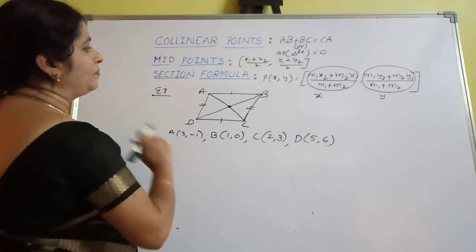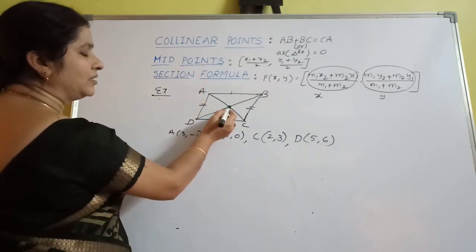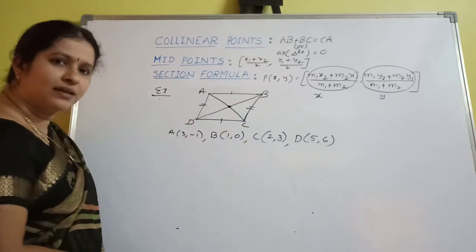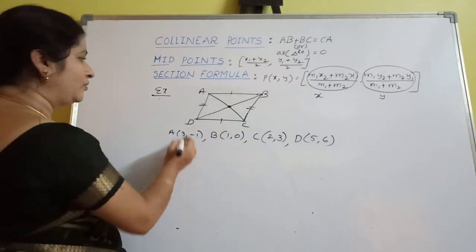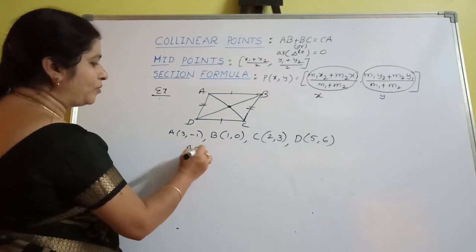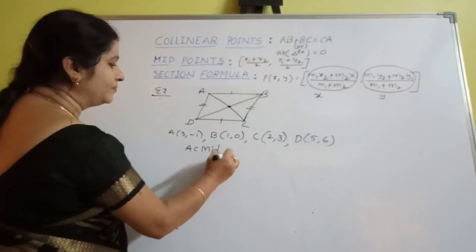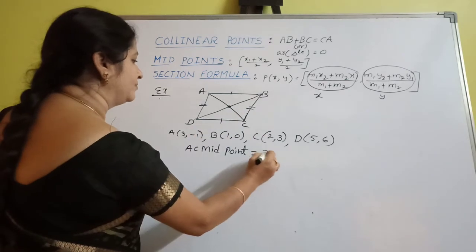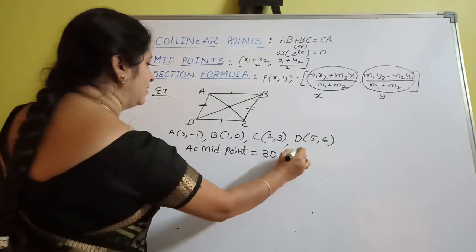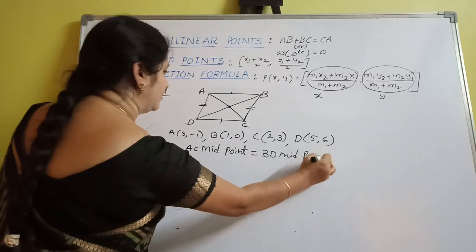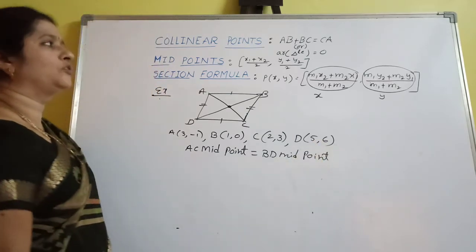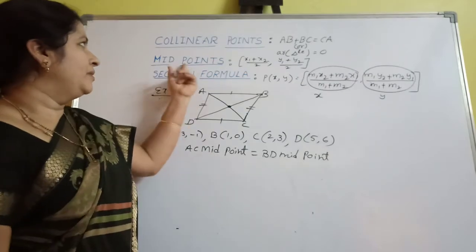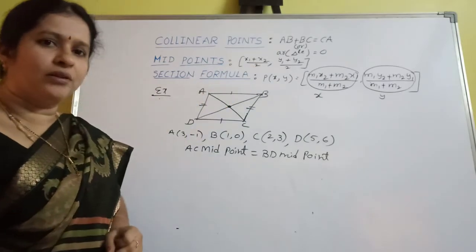By taking the midpoint condition, what is the condition here? The midpoint of the two diagonals is the same. So AC midpoint equals BD midpoint. Comparing these two formulas, the midpoint formula is very easy to remember.